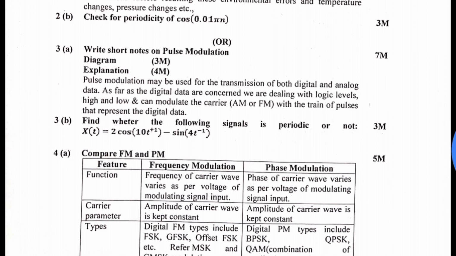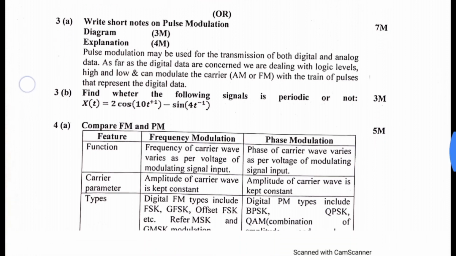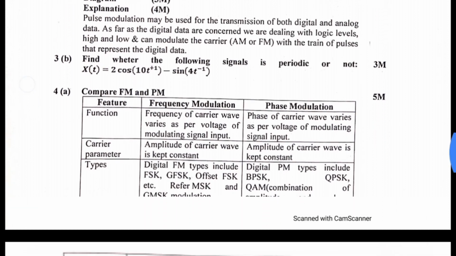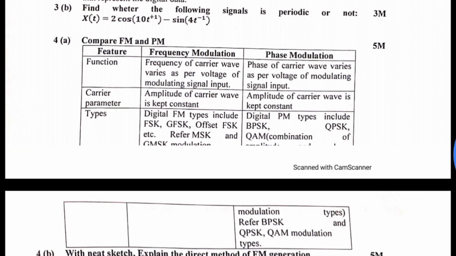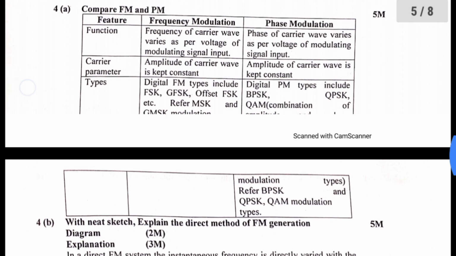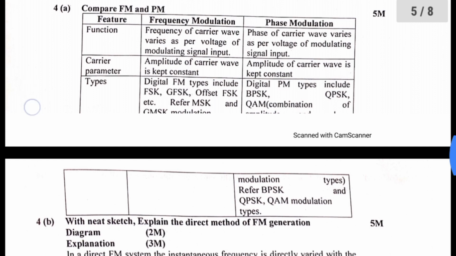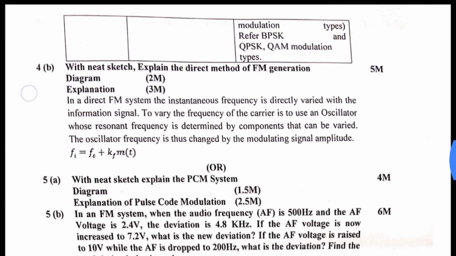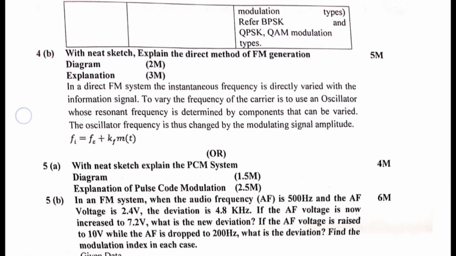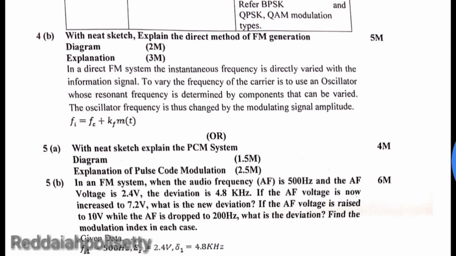Write short notes on pulse modulation, with diagram and explanation. Compare FM and PM, that is frequency modulation and phase modulation. With a neat sketch, explain the direct method of FM generation.